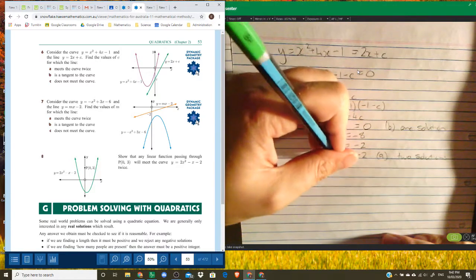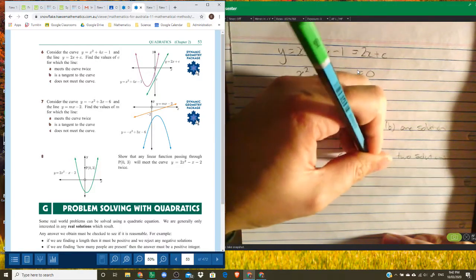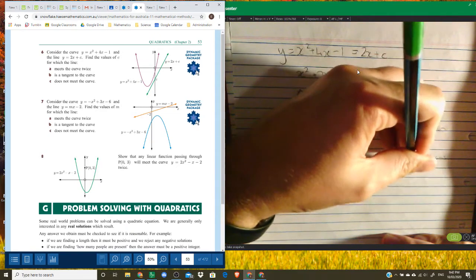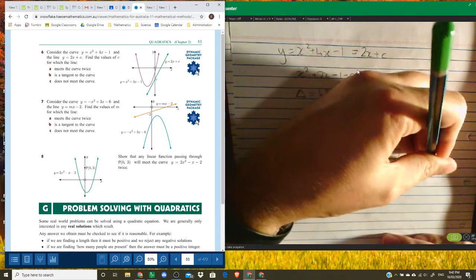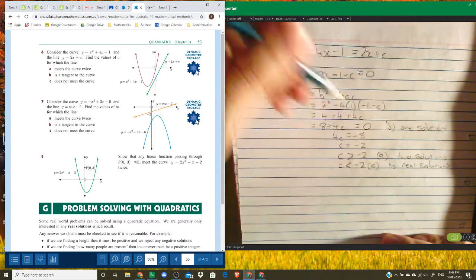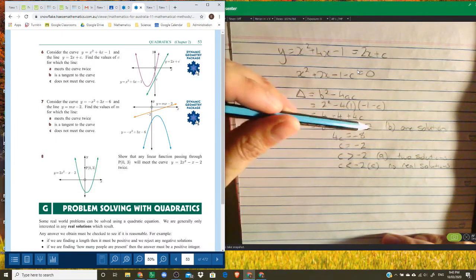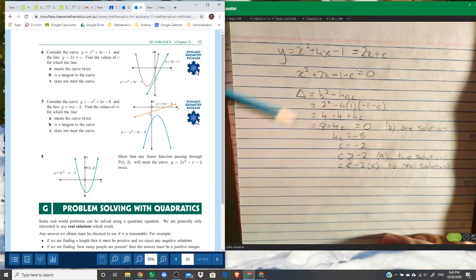And if c is less than -2, that would be no real solutions. If you substitute -3, for example, you have 8 take 12, which is negative and thereby no solution in real numbers.